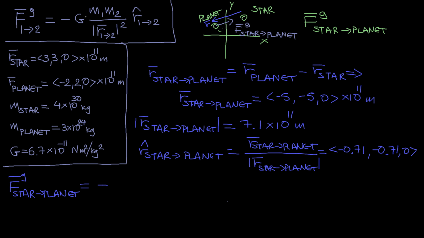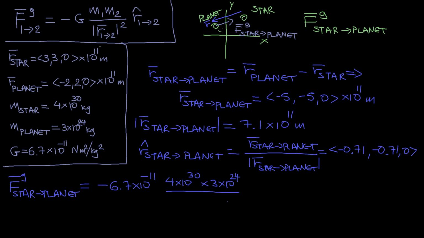Minus, I'm looking at this expression, minus G, which is 6.7 times 10 to the minus 11. The mass of the star is 4 times 10 to the 30. The mass of the planet is 3 times 10 to the 24.